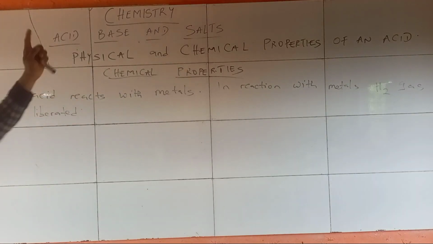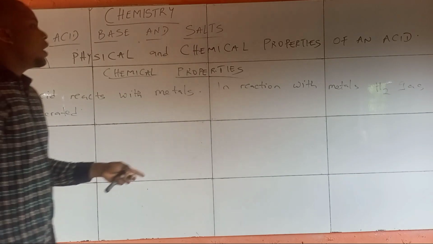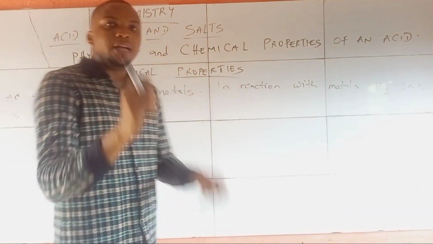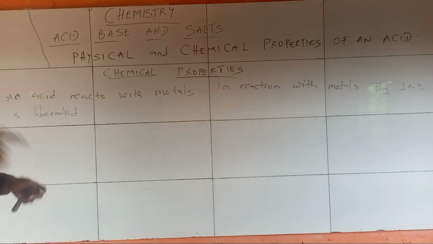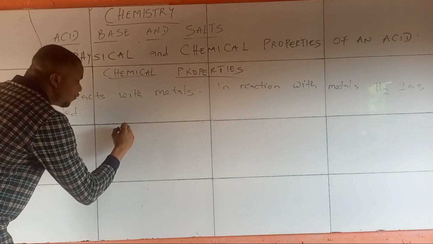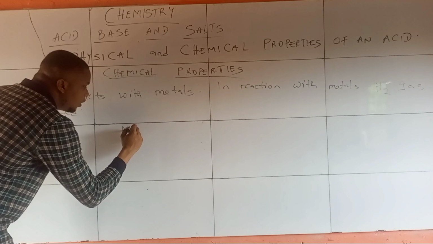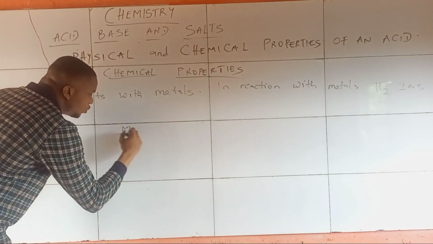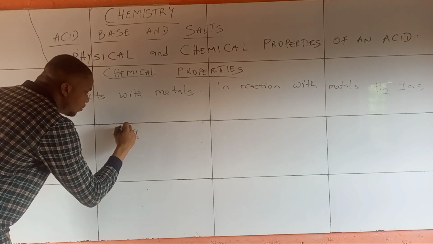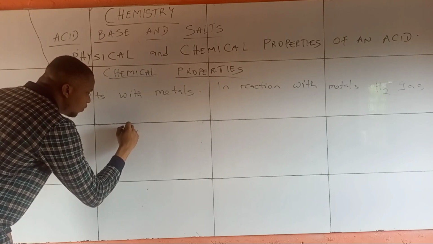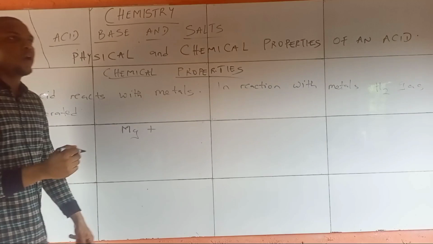We are dealing with what? Chemical properties of an acid. We said an acid reacts with metals, and in reaction with metals, hydrogen gas is what? Liberated or evolved. Let me give you an example. We have magnesium in reaction with what now?